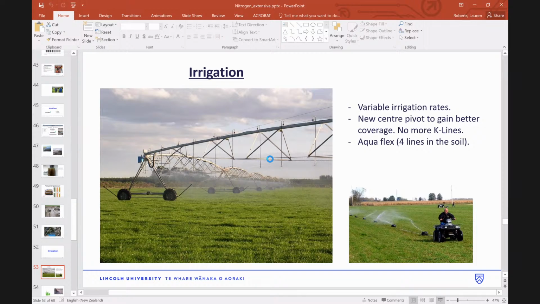So in terms of our irrigation, we've got our two main centre pivots, depending on the block. And centre pivots are really cool because they can do variable rates. So you can actually cater it to your soils, things like ditches or those more sensitive areas. But another really cool thing that we've got is a thing called AgFlex.